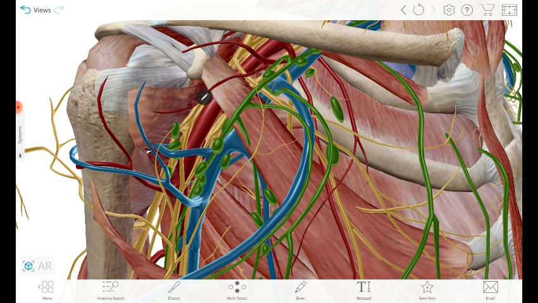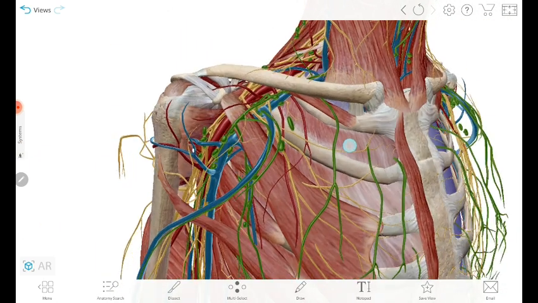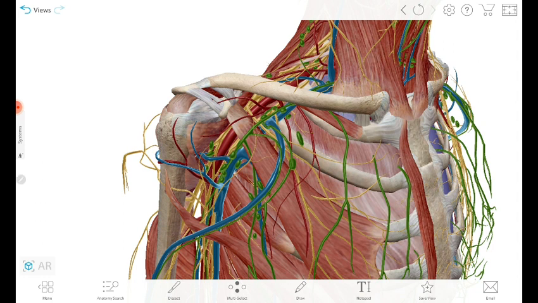The one which is lying laterally to the axillary artery is the lateral cord of brachial plexus, and one cord will be lying posterior to the axillary artery and hidden by it. That will be the posterior cord of brachial plexus. So axillary artery, axillary vein, lateral cord, posterior cord, medial cord of brachial plexus, the axillary lymph nodes, and along with that the axillary pad of fat, which is not shown in this model, is also a content of axilla.